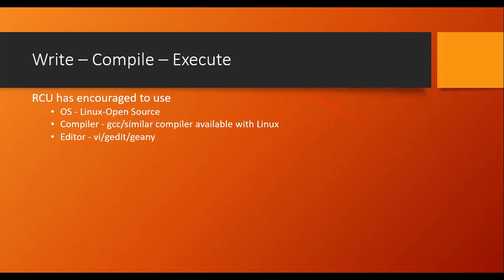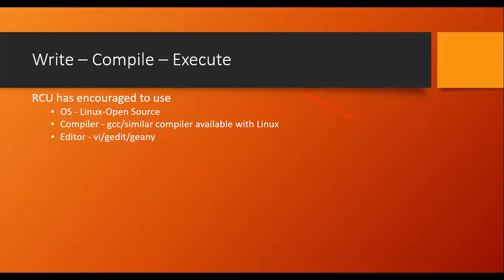Someone has to pay a certain amount of money to Microsoft, then only they are eligible to use the genuine software. For the operating system, what the RCU has encouraged is that we use the Linux operating system.